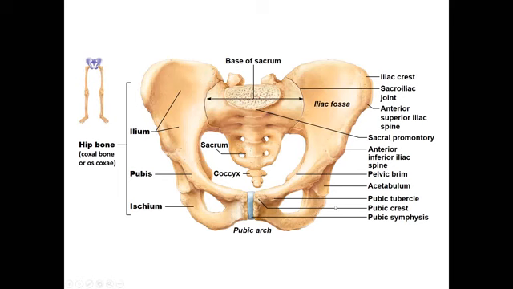Another structure that is a little bit difficult to see here: the ischium has a rough area at the back called the ischial tuberosity, which we call the sit bones. That's the area that you can feel when you palpate underneath your bottom and find the bone that you sit on. That's our ischial tuberosity.